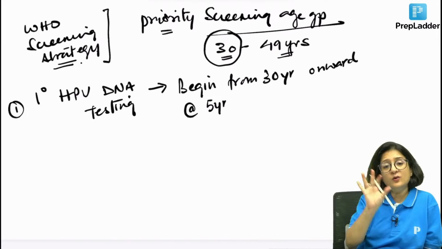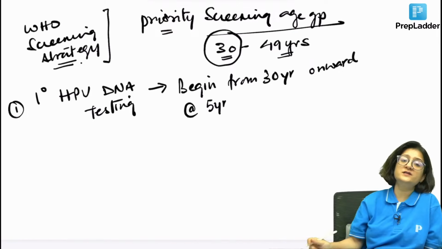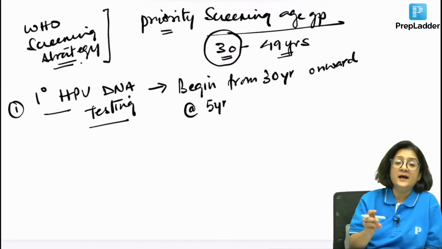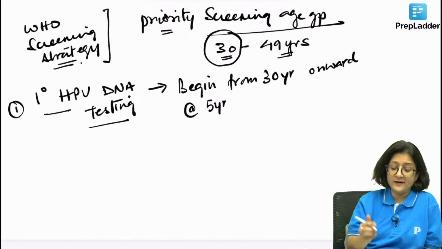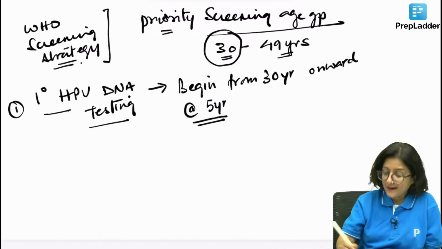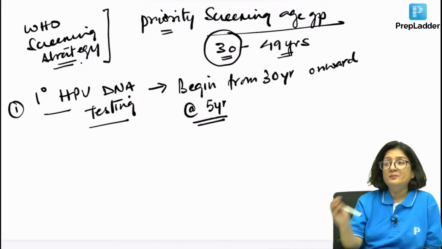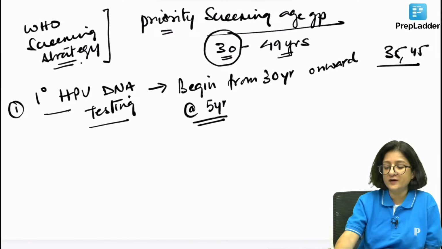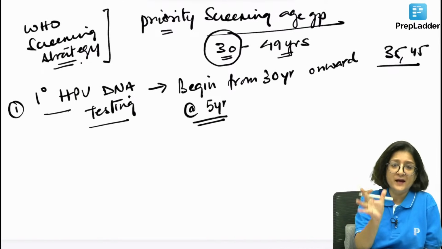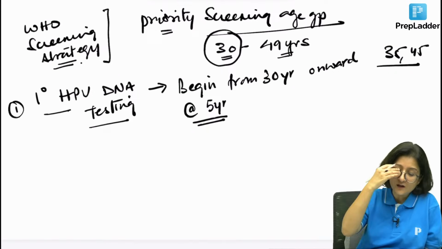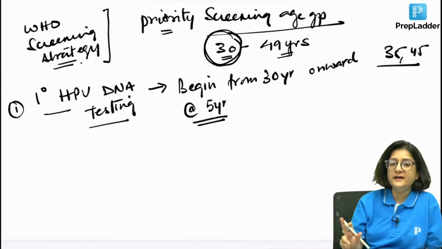WHO goes one step ahead. WHO says that in low resource settings, affordable primary HPV DNA testing, wherever it can be provided, should be provided. Ideally done every 5 years, but a minimum of 2 in a lifetime, one at the age of 35 and one at the age of 45. So this is about the priority age group screening.